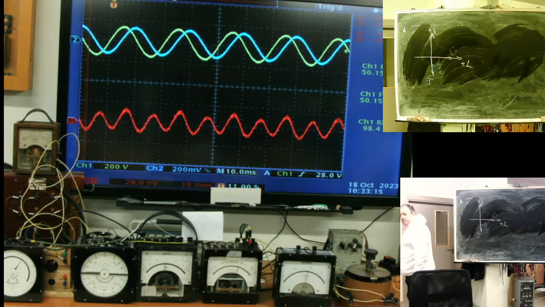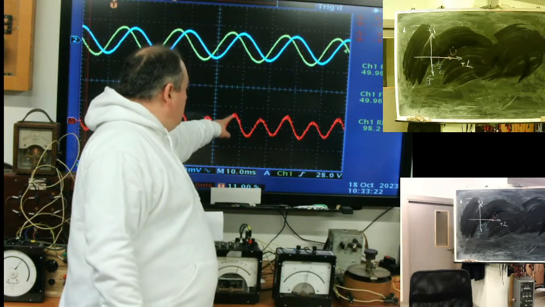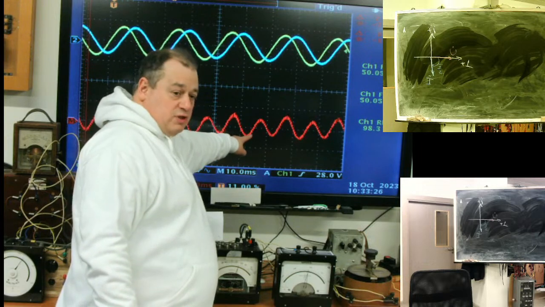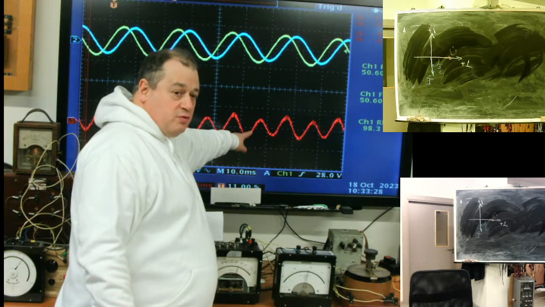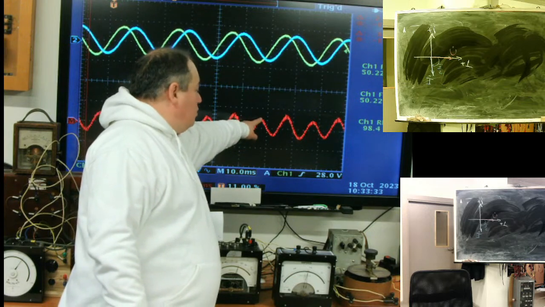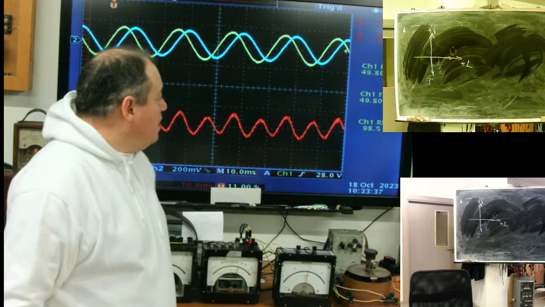You see it? At this moment, energy goes to magnetize the coil. Next moment, it discharges into the network. And now the coil magnetizes, demagnetizes, and so on.